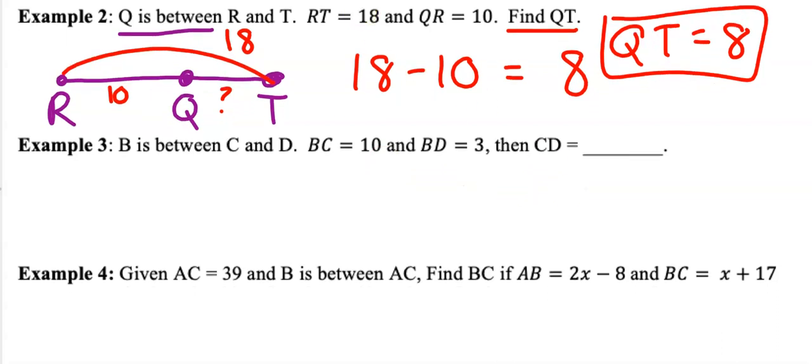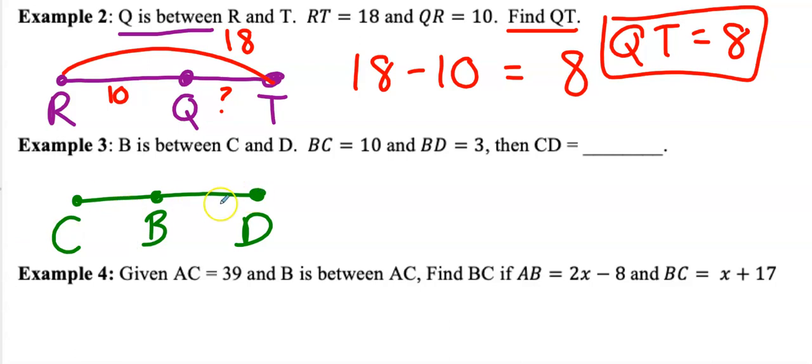Example 3. Siempre draw a picture. B is in between C and D. So C es aquí, D es aquí, and B is in between. Okay? BC is 10, so this part is 10. The first part, 10.